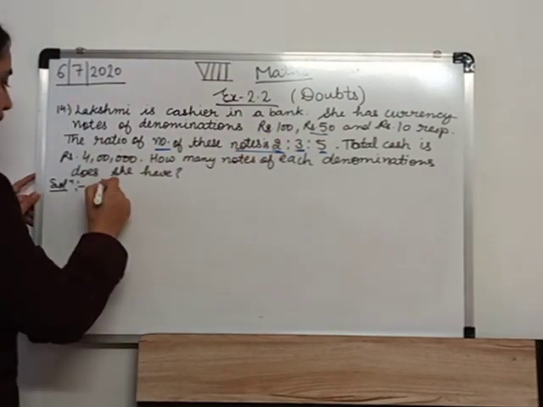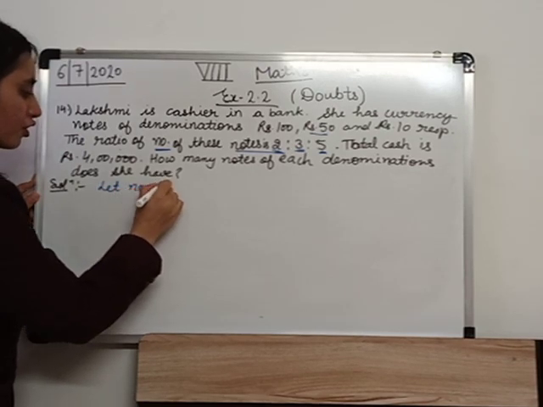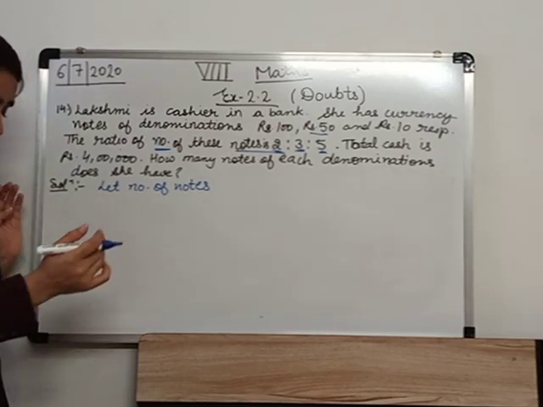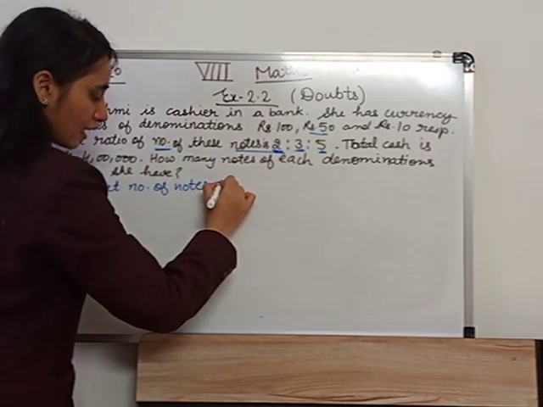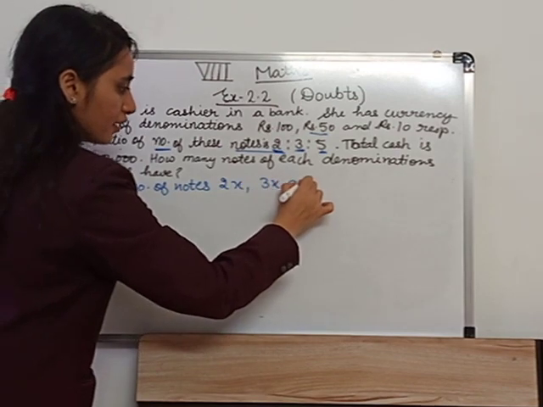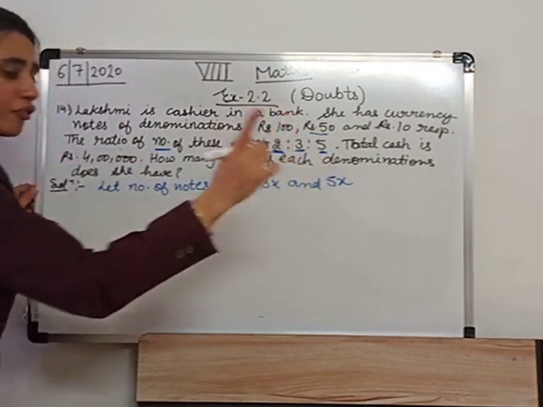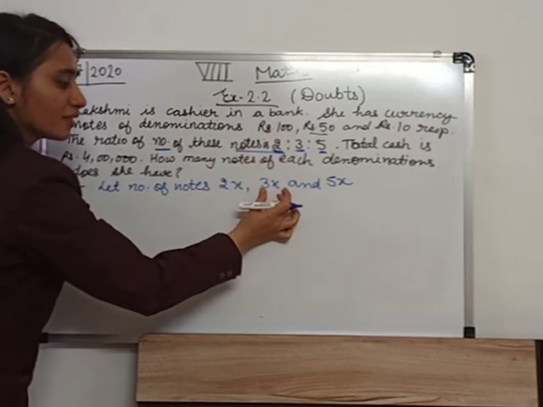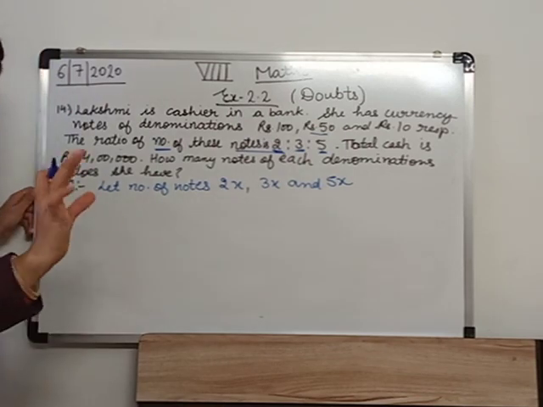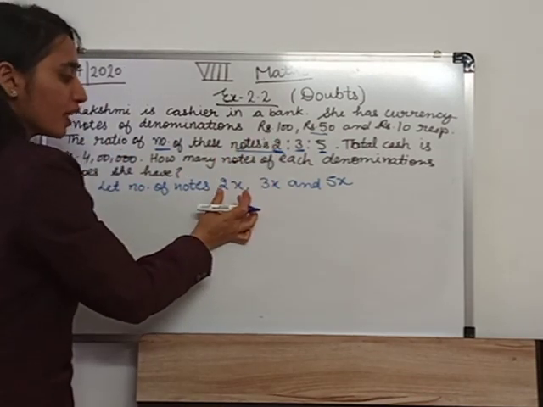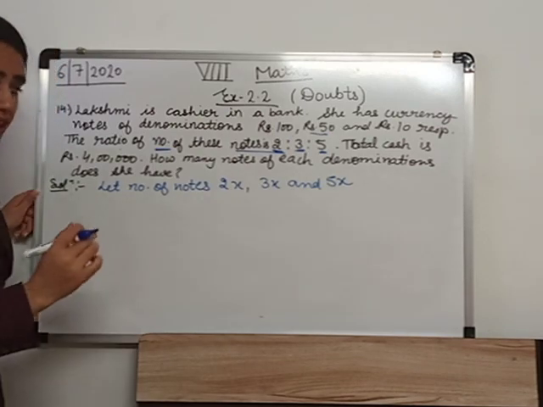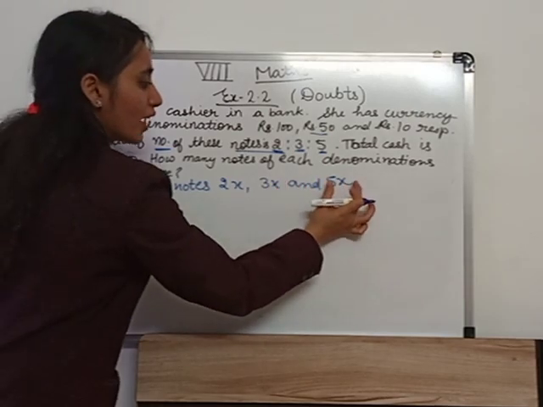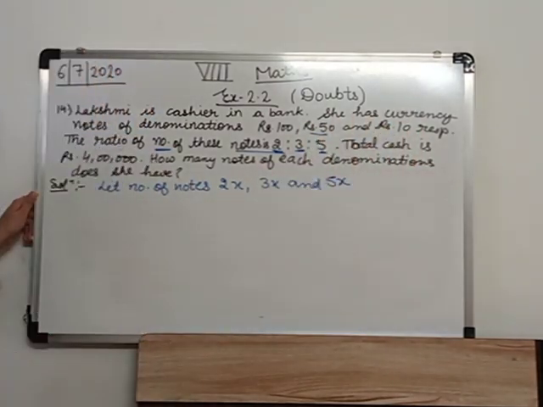So let the ratio be x: the number of notes is 2x for rupees 100, 3x for rupees 50, and 5x for rupees 10. Means she has 2x number of 100 rupee notes, 3x number of 50 rupee notes, and 5x number of 10 rupee notes.